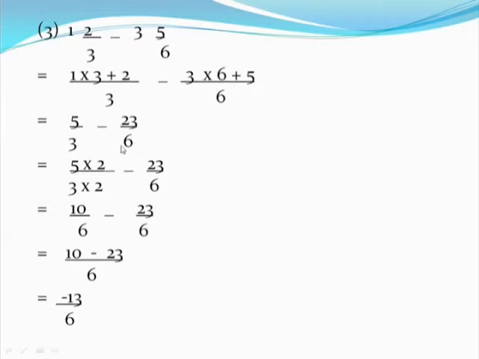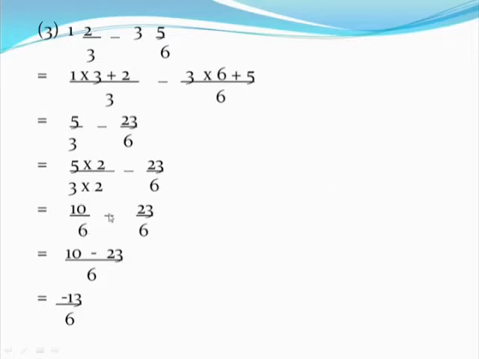Now if you look at these two fractions, here 6 is multiple of 3, or you can say 6 is LCM of 3 and 6. Hence we need 6 in the denominator. For that, we will multiply numerator and denominator of the first fraction by 2 and here the second fraction will remain as it is. Now 5 2s are 10 and 3 2s are 6.